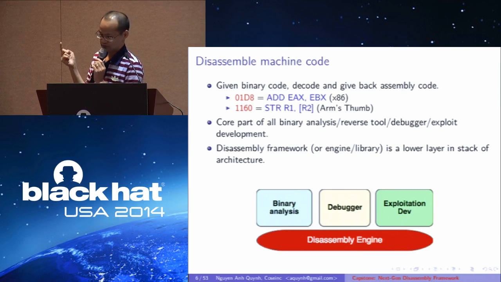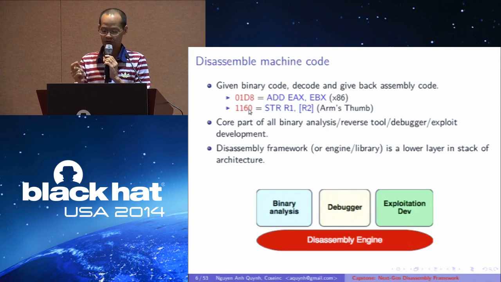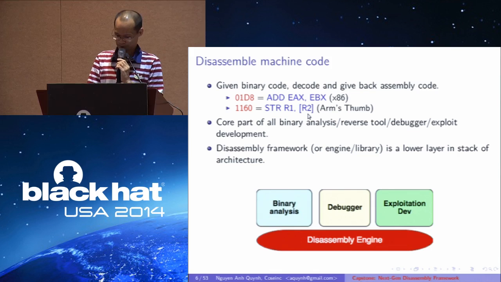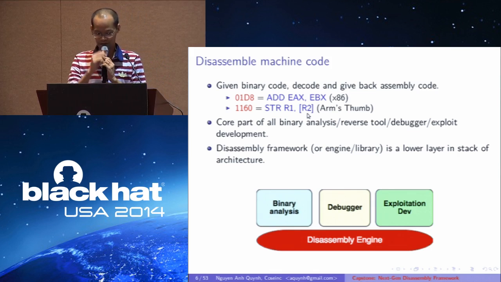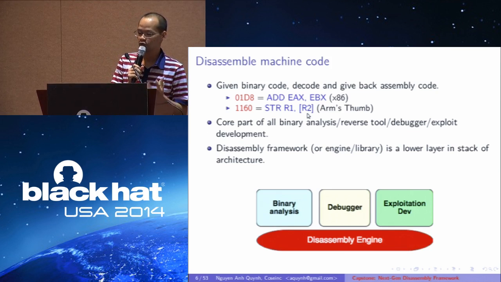On ARM Thumb mode, given 11 60, you need to return a store instruction, which stores the R1 register into the memory addressed by R2.